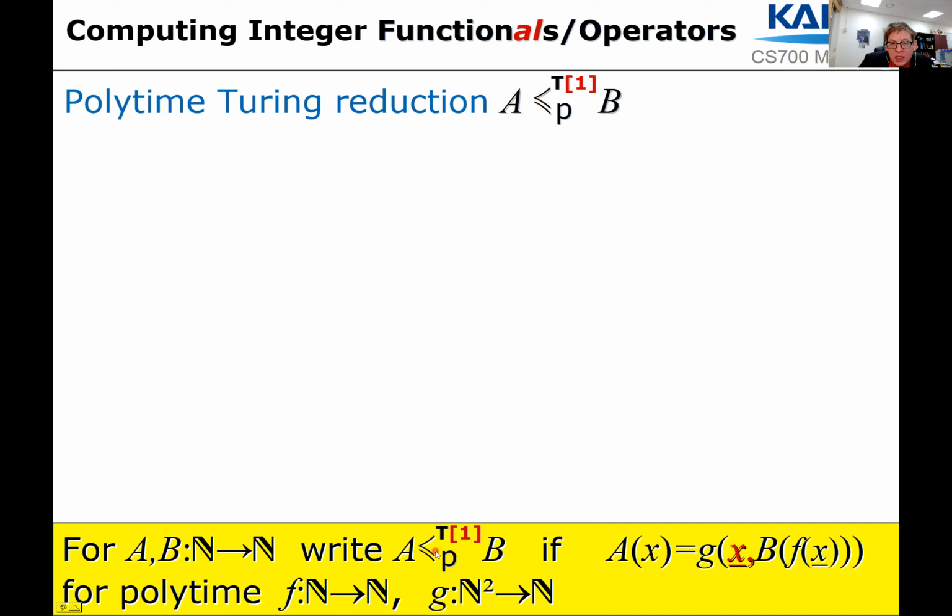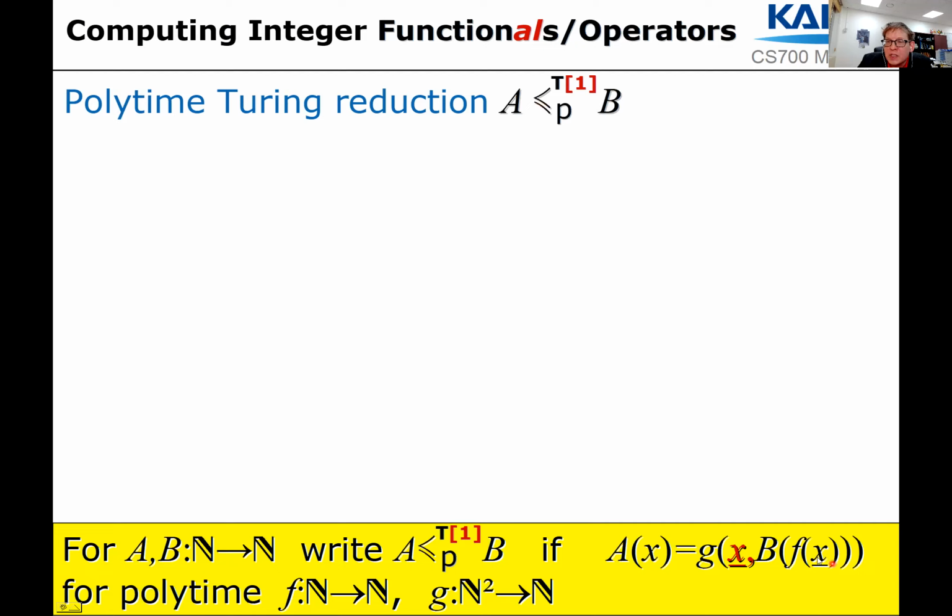And we write A is Turing reducible to B in polynomial time if the value of A of an argument X can be expressed as the value of B after some initial transformation of the argument X, which is an integer or tuple of integers. And then there's another transformation of the value returned by the oracle call to B, which can use the resulting value and can use also the original argument X. So G is a two-variate function and F is a univariate function.